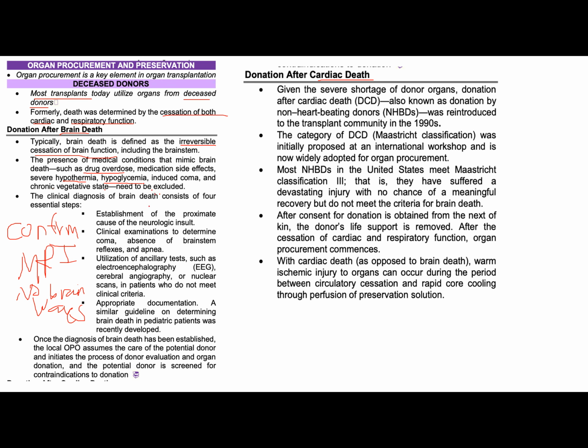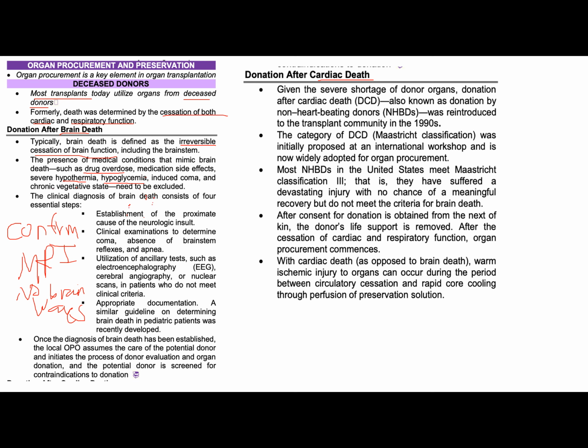That is why sinasabi ko sa inyo that the doctor needs to confirm, class, that the patient is technically brain dead, because there are some conditions such as drug overdose, medication side effect, hypothermia, hypoglycemia that could mimic this, kayang gayahin.